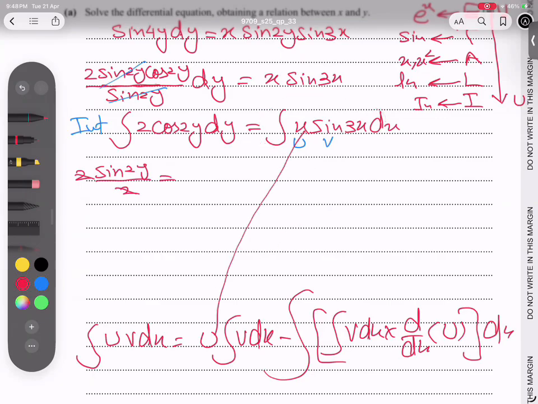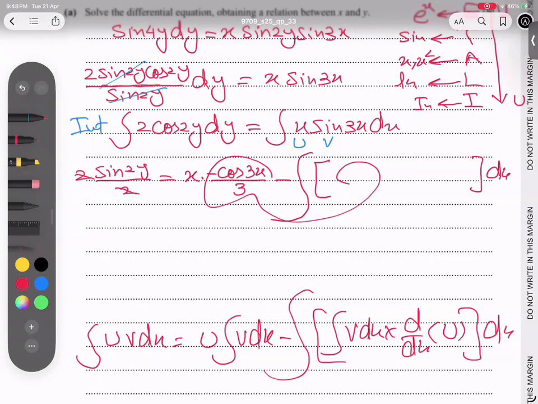First of all, you copy the integration of sin, which is negative cos 3x divided by 3, minus the integral, bracket starts, bracket ends, dx. Again, I copy and paste this here because it is the same integration, so I'm not wasting your time.